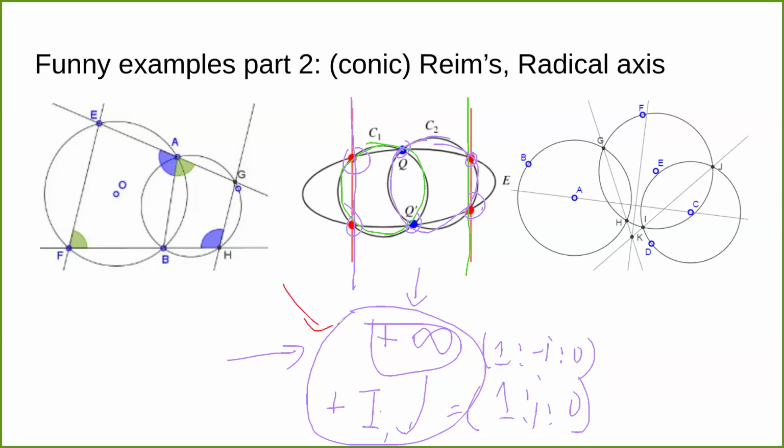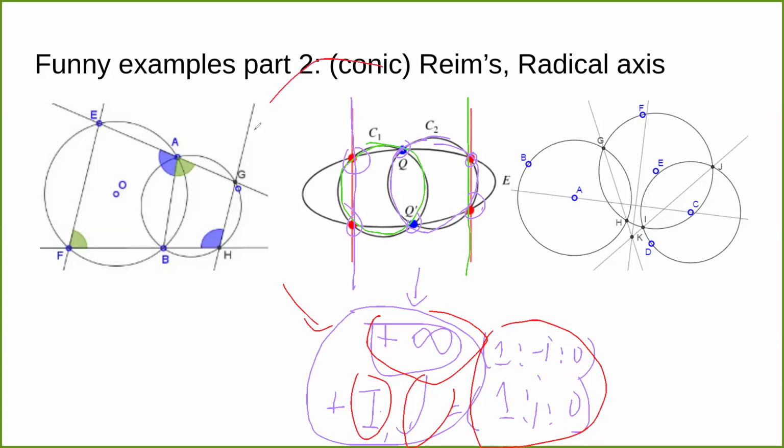I claim there's one line through these 3 points. Well, the 3 points are the point at infinity from these two lines, and I and J, which are these points. The line you pick is really just the line at infinity.